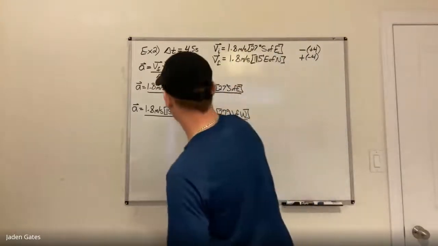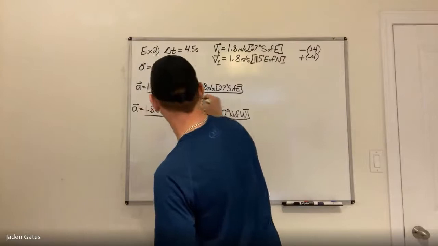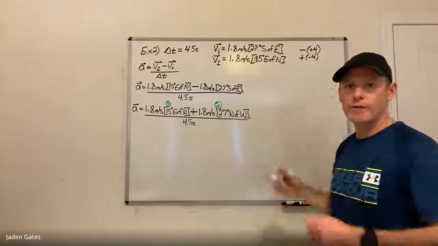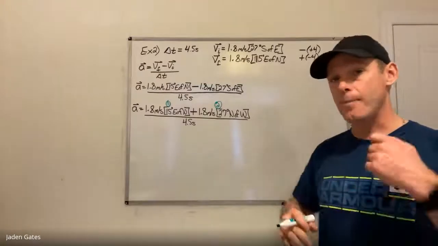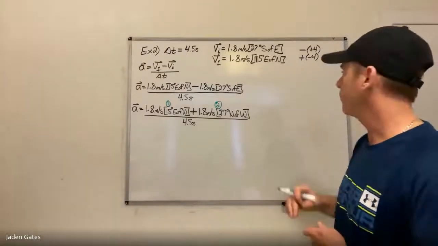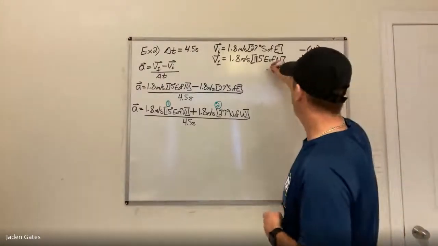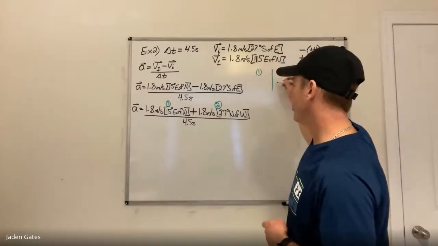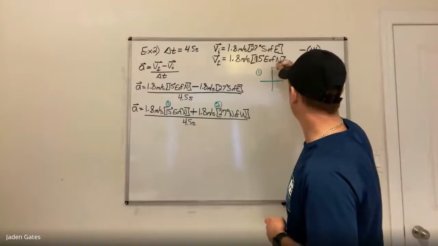I'll put a little 1 over here and a little 2 over here so I straighten things out. Because I've done this so much, I'm going to skip a few steps, but I'll write out most of what I'm doing. So here's vector number 1. Again, I'm going to write a compass rose here.